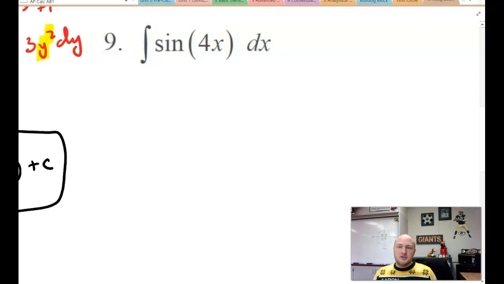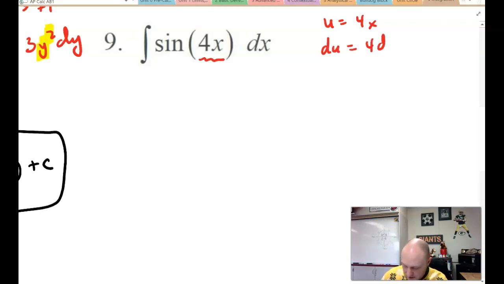Okay, integral of sine of 4x dx. Well, hey, I'm going to say u is 4x. All right, there's a function inside of another function. So the hook-on factor of that would just be 4. So I have to account for a 4. I'm going to multiply it in, but I'm also going to balance.